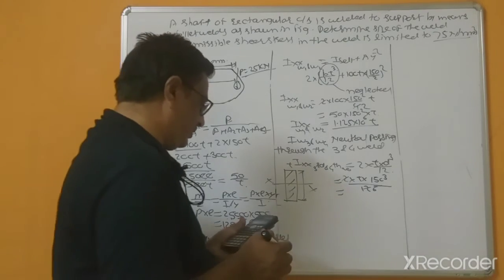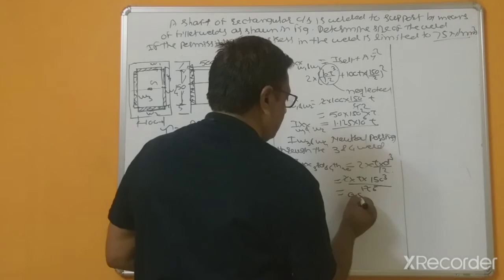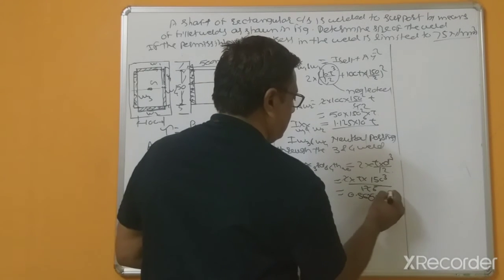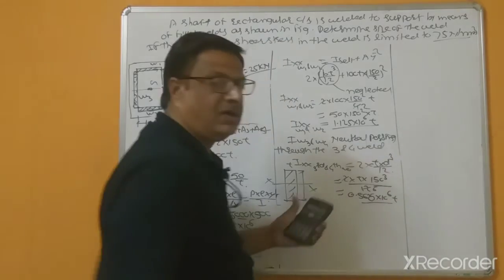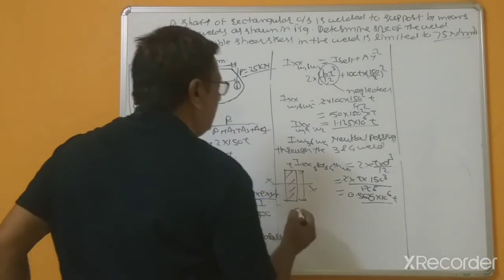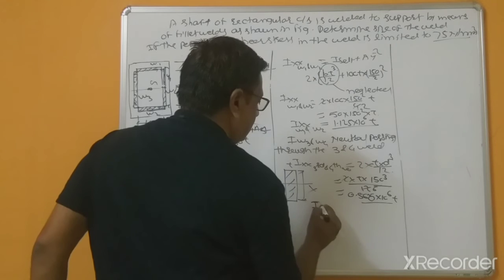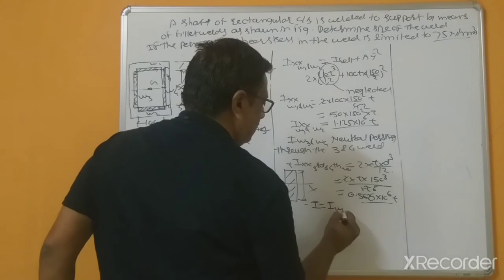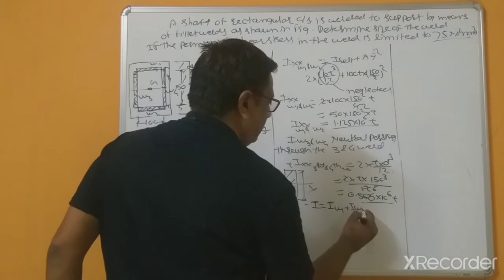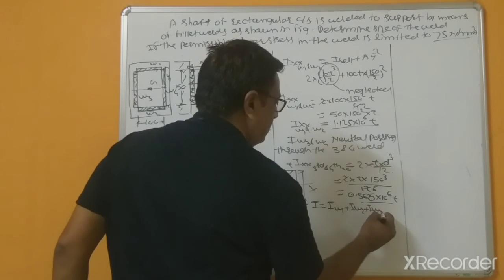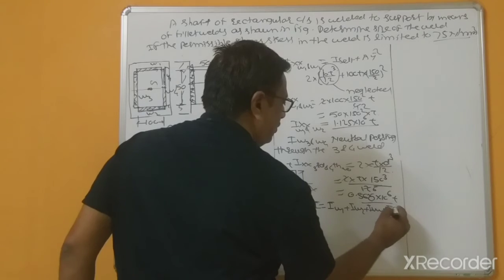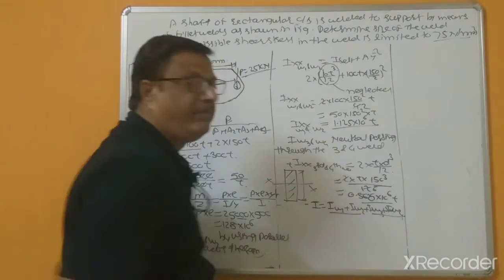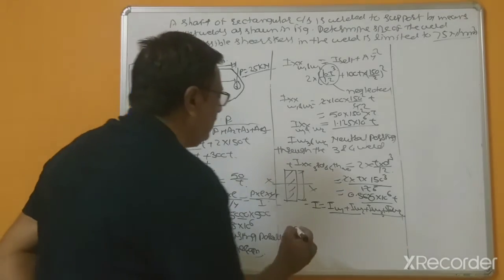This is 0.5625 into 10 to the power 6 T. Now the sum of the total moment of inertia: first weld, second weld, third weld and fourth weld. We already calculated the first two combined, due to symmetry.